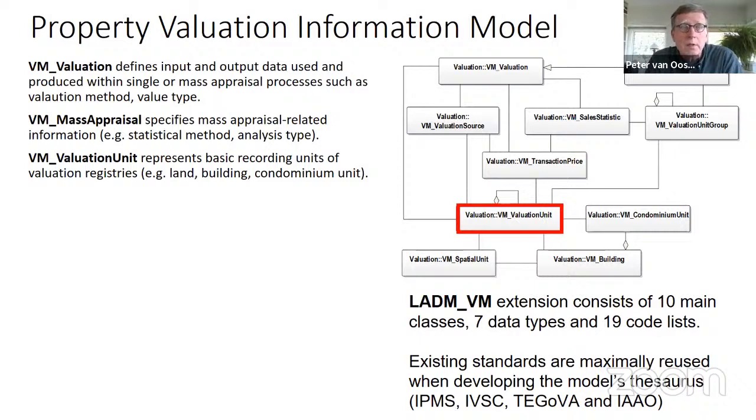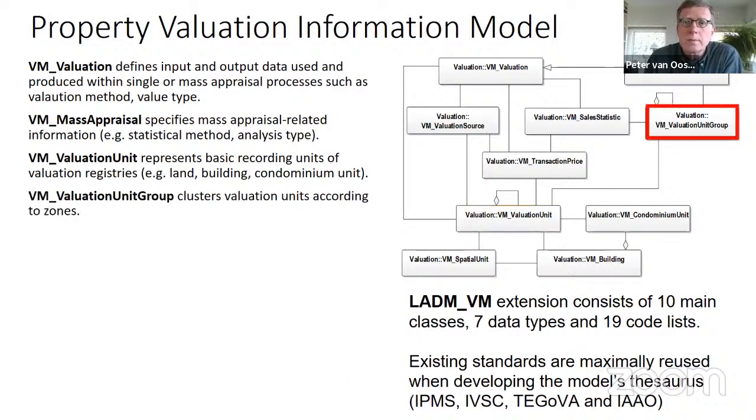But in case, for example, you are renting an apartment in a building, then there is one owner, but there are many valuation units, many apartments, many bosobjects also in the Netherlands. And this relationship is represented in the model.